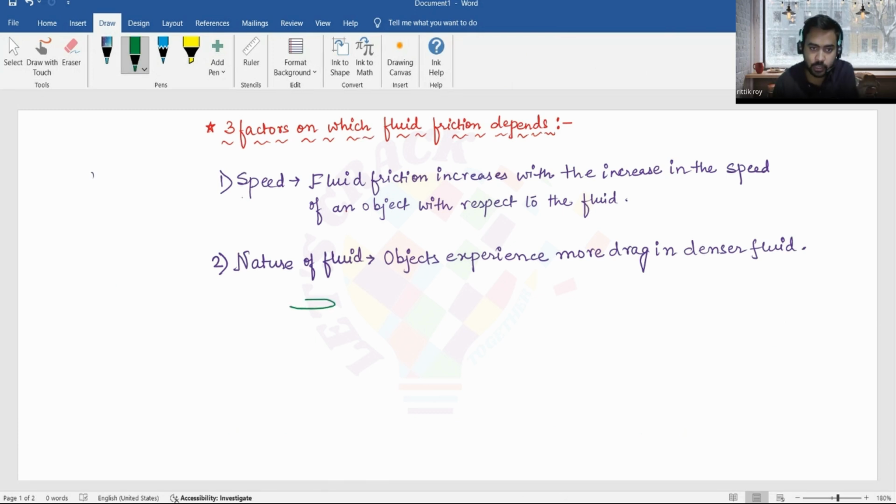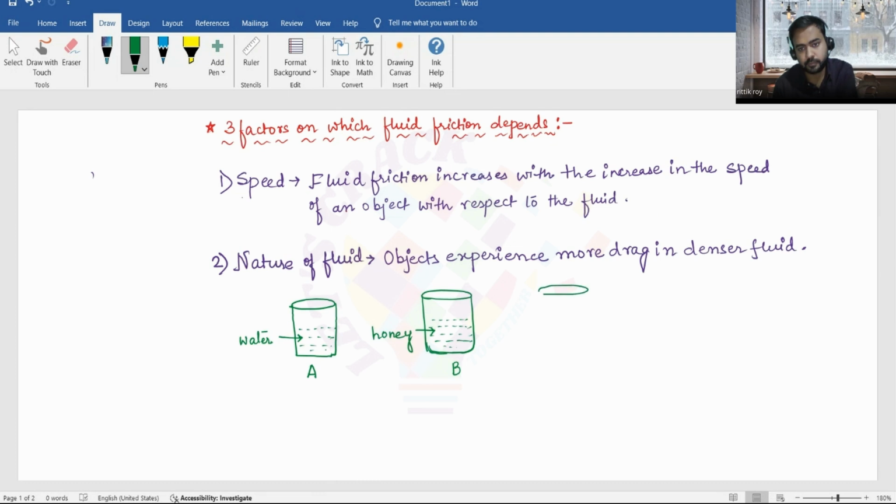Suppose you have three vessels, three containers, and all the three are filled with different substances. Suppose this is container A, filled with water. This is another container, suppose it is filled with honey. And there is another vessel, third container, suppose C, and it is filled with oil.